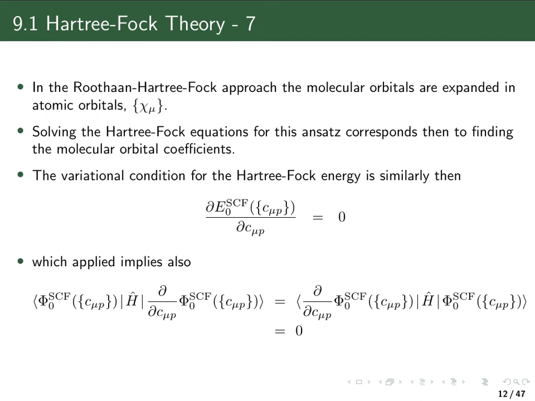And remembering that the Hartree-Fock energy is the expectation value of the full Hamiltonian with our Hartree-Fock wave function, and the Hamiltonian of course does not depend on the molecular orbital coefficients, this must imply that this condition must be fulfilled, where I have the Hartree-Fock wave function in either the bra or the ket, and then the derivative of the Hartree-Fock wave function in the corresponding ket or bra with respect to the molecular orbital coefficient, and this has to be 0.